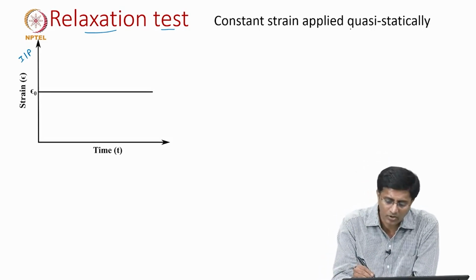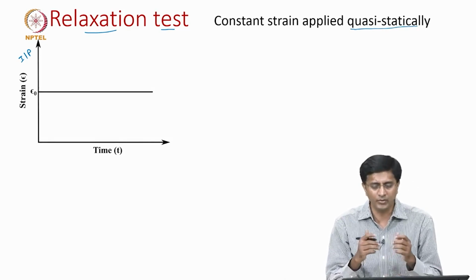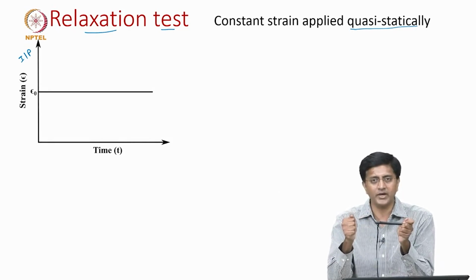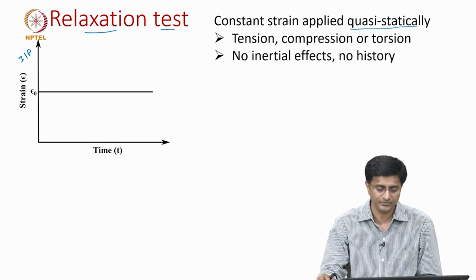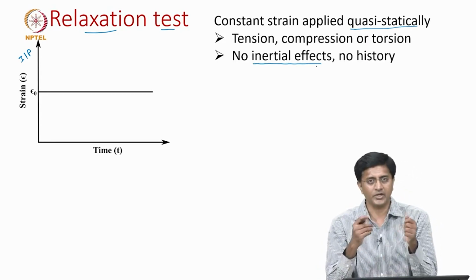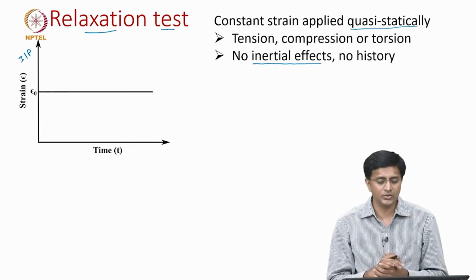But let us pay attention to what we meant by quasi-statically. What we mean is, though I say that this displacement has to be applied quickly, it should not be so quick that there are inertial effects. So, we need to avoid those inertial effects when we apply the strain. But there are different ways we can do the test.